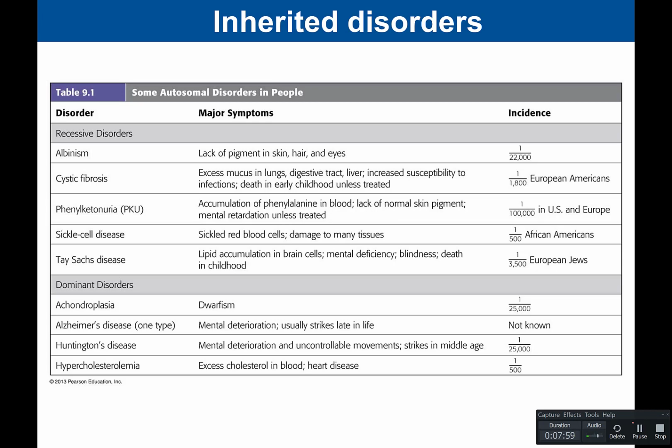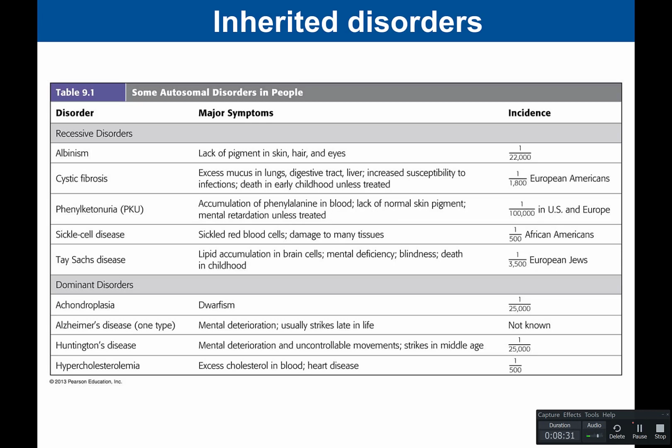So people who are carriers for the sickle cell allele are actually protected against malaria. So in Africa, it's actually a good thing to be a carrier for sickle cell disease because it protects against malaria. And so it's actually been selected for in that population. People who are carriers are more likely to survive than those that are not carriers. And so that is why that particular trait is more prevalent in that group.